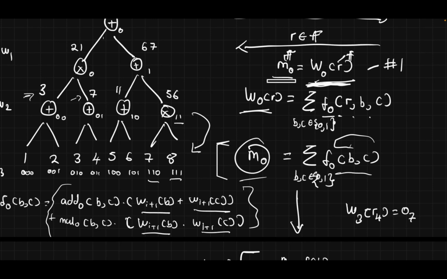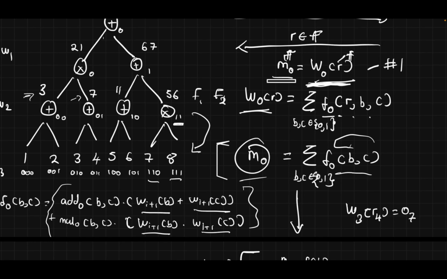Yeah, but still, each bit will be turned into a field element. The function signature doesn't depend on whether it's a bit or a field. It just depends on this 1 1 now being replaced with one field element and another field element.